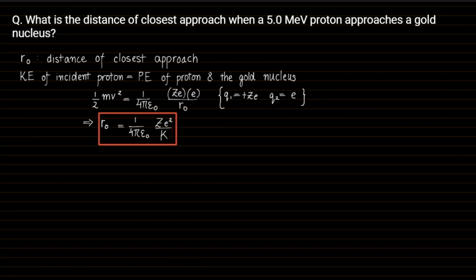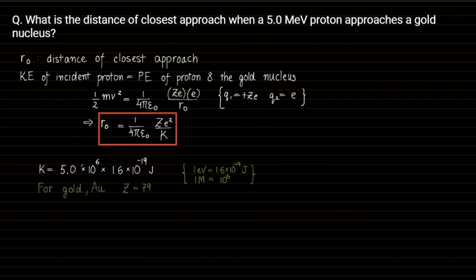In the question they have given the kinetic energy of the incident proton as 5 mega electron volts. Mega means 10 to the power 6, and 1 electron volt equals 1.6 times 10 to the power minus 19 joules. These are your constants, which I have substituted here.